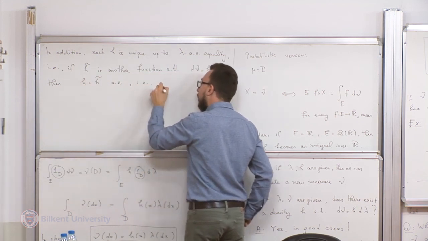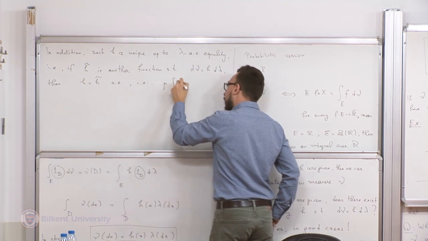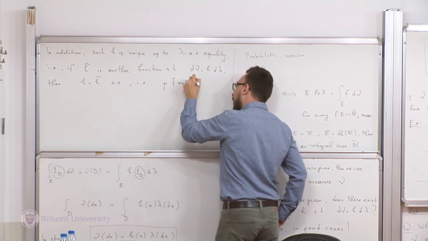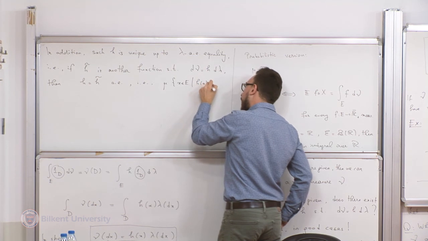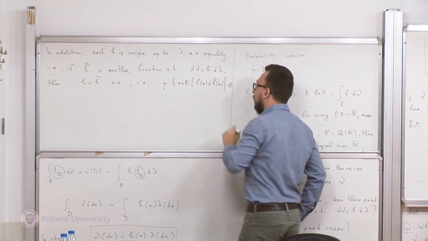That is, the set of points at which h and h tilde are different is a null set.